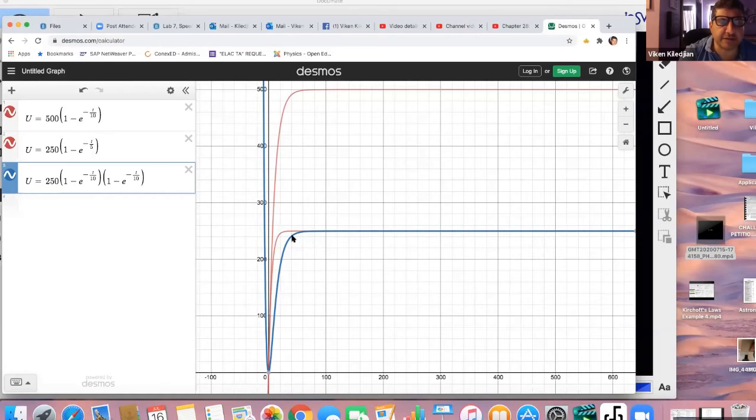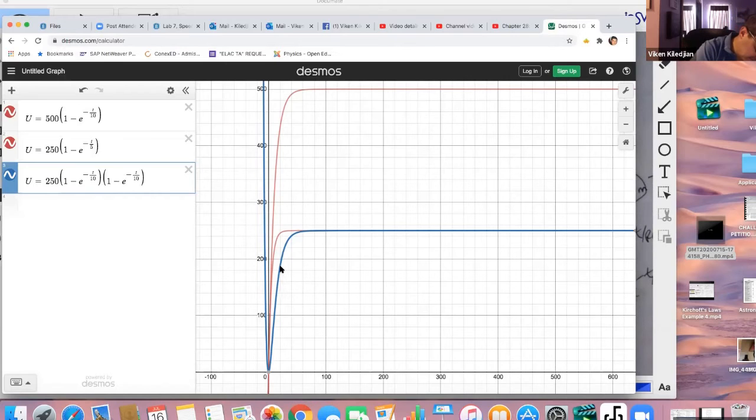So what should happen at any instantaneous time, let's say at 20 seconds? If you take the energy of the capacitor at 20 seconds, it is 186.911 millijoules.